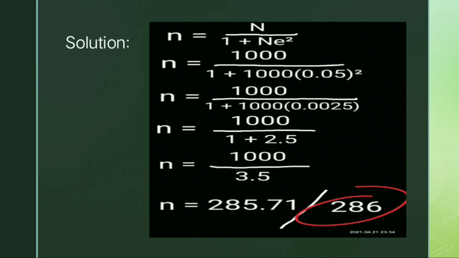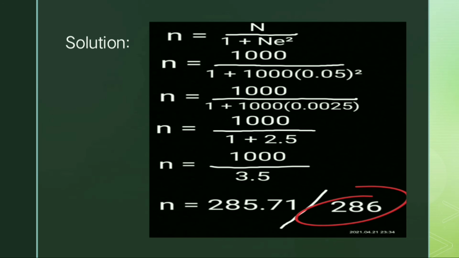So, ang square po ng 0.05 is 0.0025. Kaya magiging 1,000 over 1 plus 1,000 times 0.0025. So, next is yung nasa ating denominator pa rin, which is yung nasa loob ng parenthesis, yung atin pong 0.0025 at yung ating 1,000.